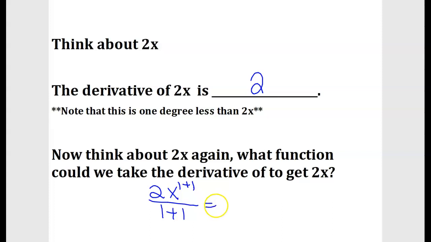So that creates 2x squared over 2. But we know that 2 divided by 2 is 1. So we get x squared. So what that means is that if I took the integral or the antiderivative of that function, it becomes x squared. So the integral adds a degree back, or the derivative takes 1 away.